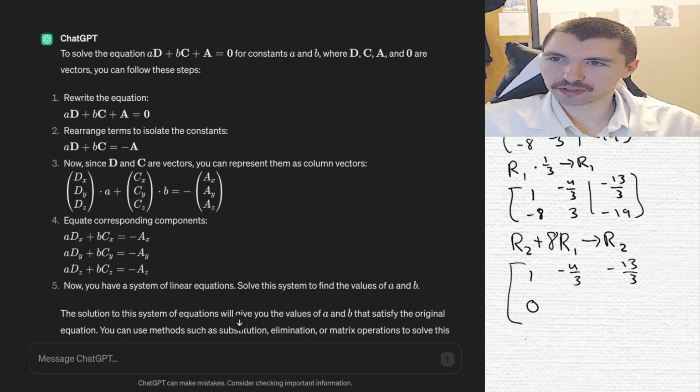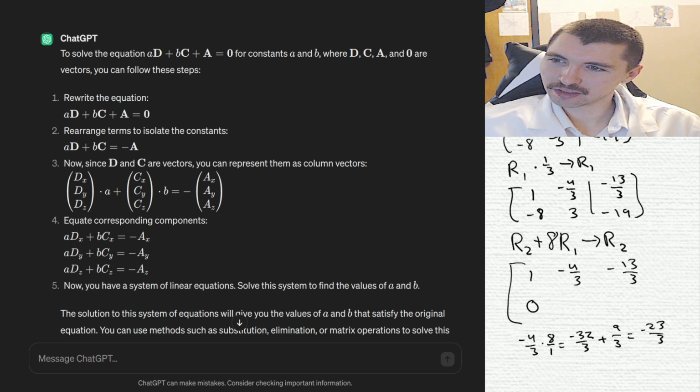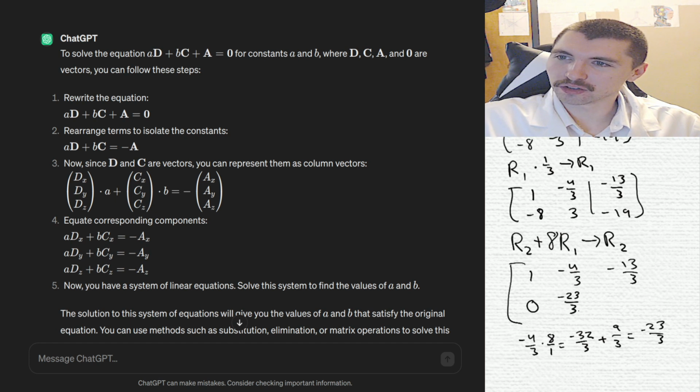So here's the tricky part. -4/3 times 8. 8, 16, 24, 32. -32/3 plus 9/3 equals -23/3. 23 minus 9 is 32. Negative 23/3.